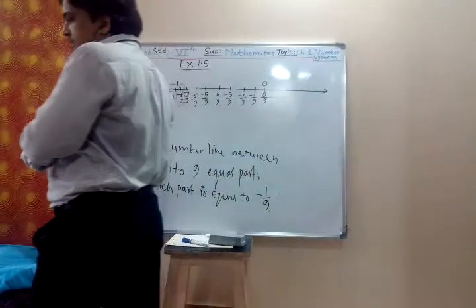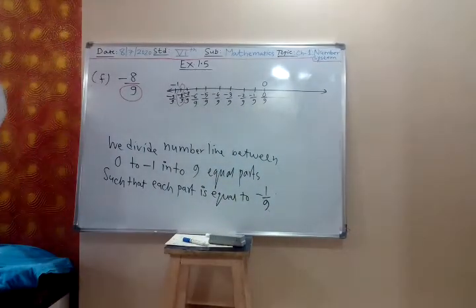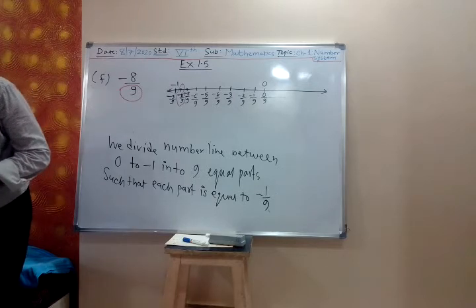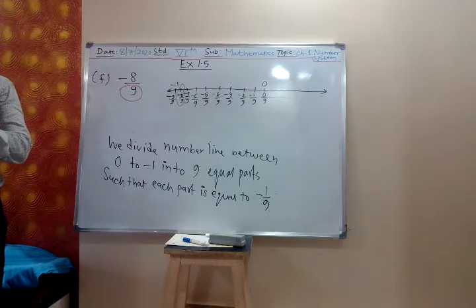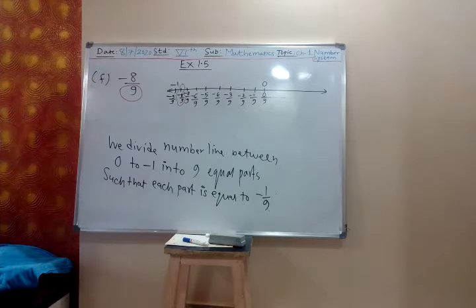The number is negative. C was homework, then E was homework, F I have done. F is minus 8 upon 9.